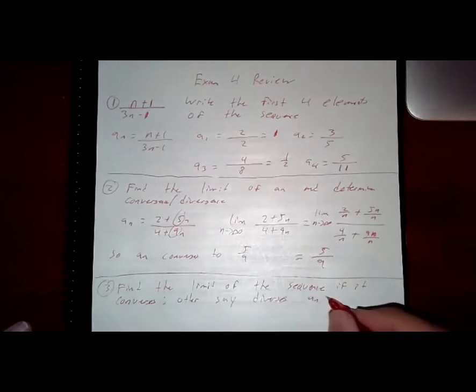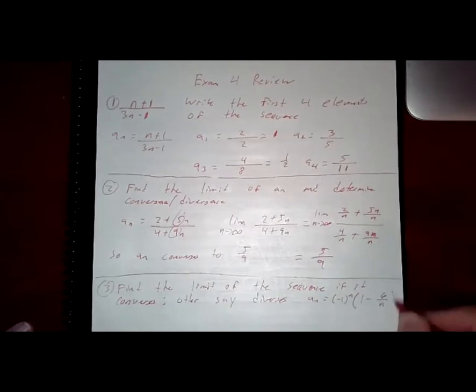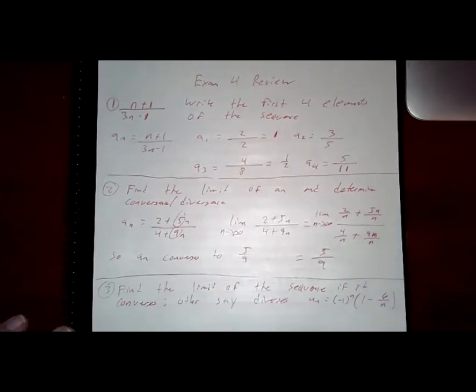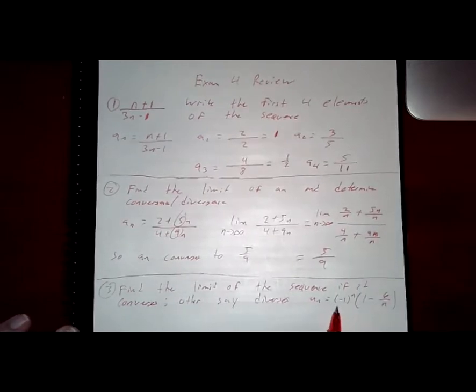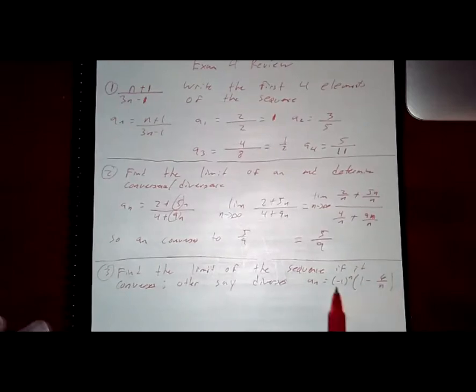So a_n that they give us is -1 to the n times 1 minus 6 over n. Right when you see this part, you should see that the limit will not exist because it's going to keep cycling from positive to negative, so it doesn't stop at any value. It just diverges. Is it 1 minus 6 over n?